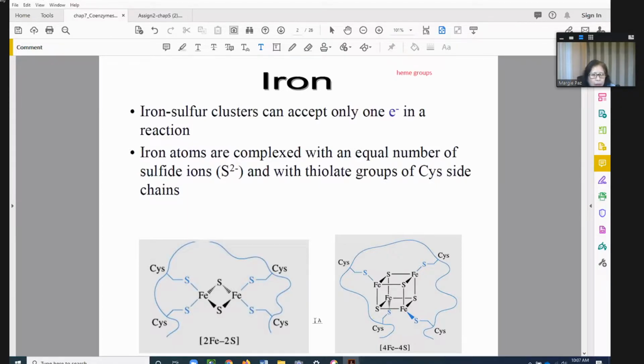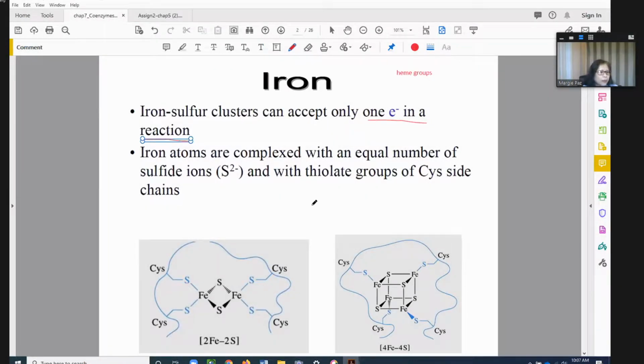Iron sulfur clusters accept only one electron at a time. Right?